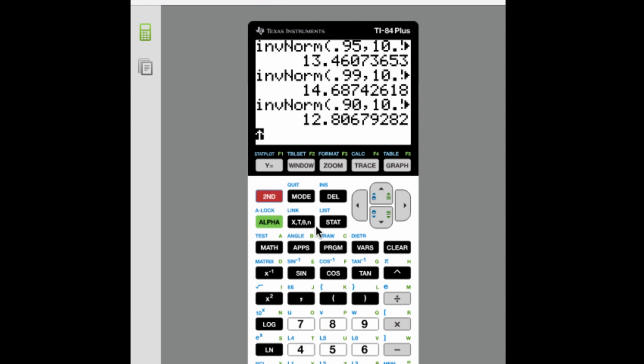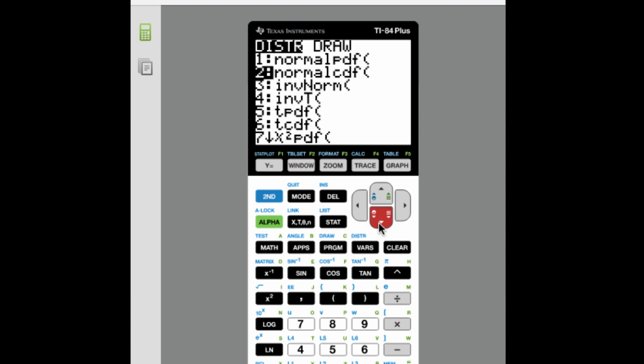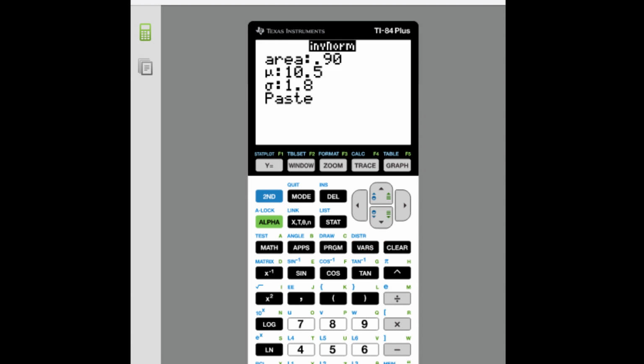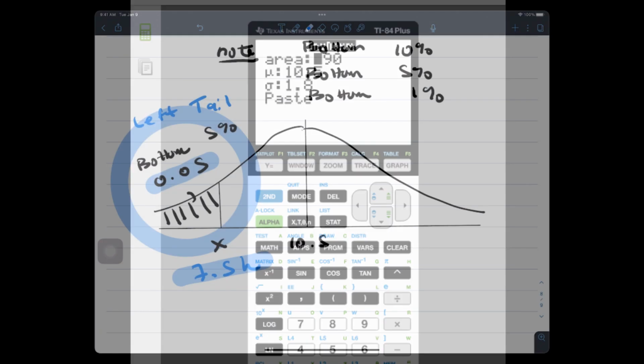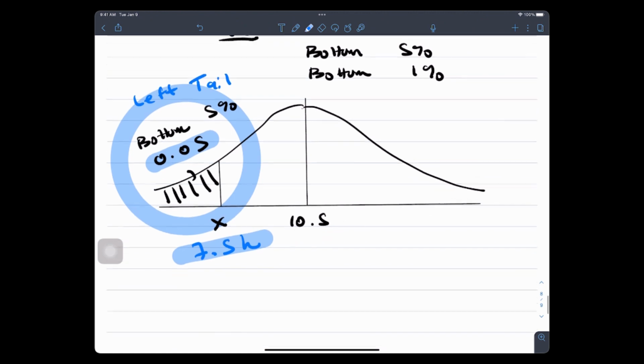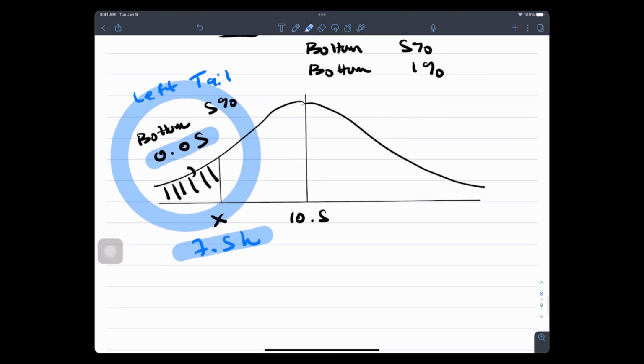Second distribution, inverse norm. Now, what's the area to the left? Do you know your left from your right? Say yes. Area to the left is what? Isn't that the same? So this is also the default.